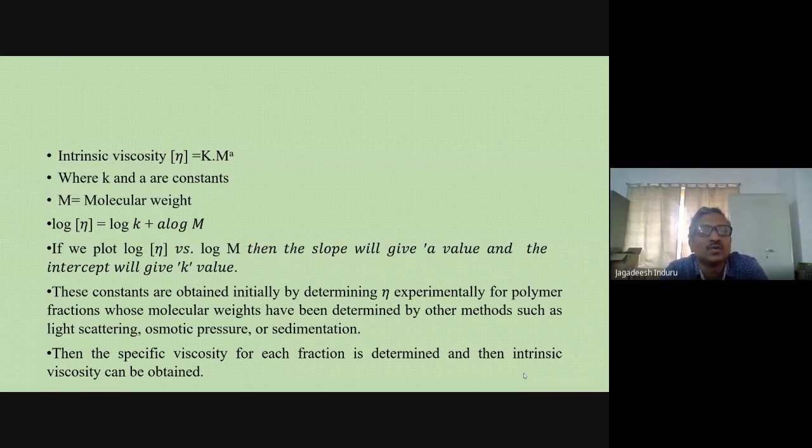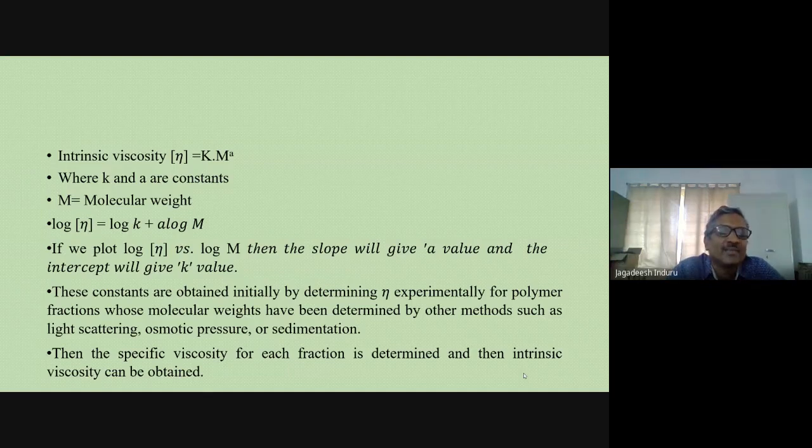In order to do this, first we need to calculate K and A. For that purpose, you take the equation and apply logs on both sides. If you apply logs on both sides, what will happen? The intrinsic viscosity is converted to log of eta in square brackets, equal to log K plus A into log M. If you see this, it appears as y equals mx plus c.